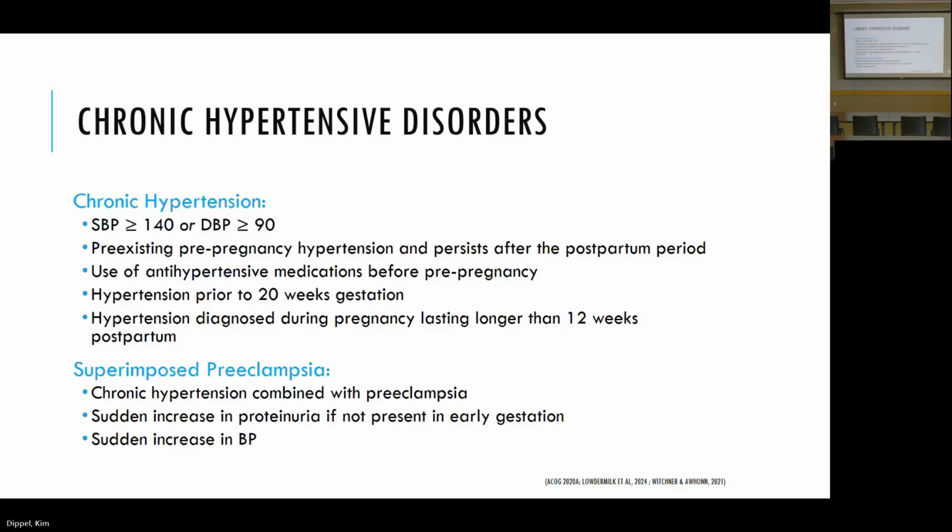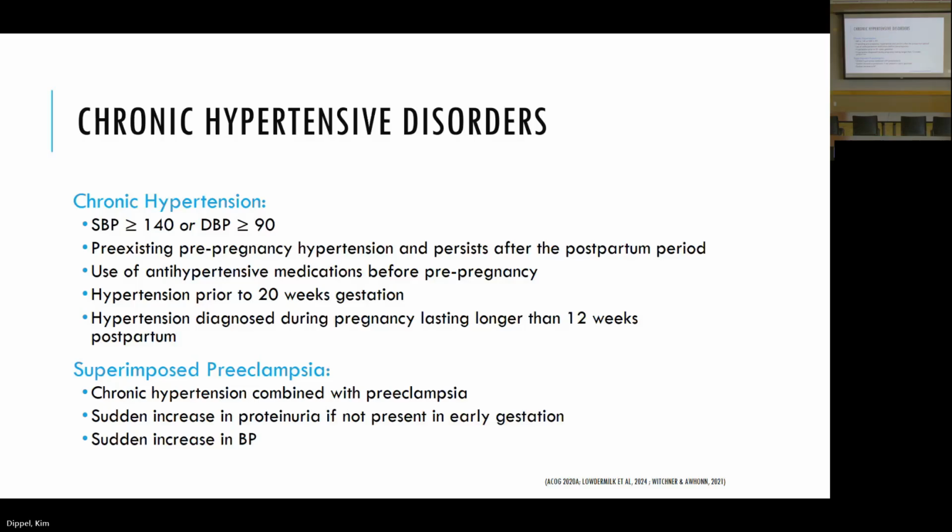Prior to 20 weeks gestation, hypertension is diagnosed during pregnancy, and it lasts past their 12-week postpartum visit. Now, I'm not going to go into this, but there is the CHAP trial that has really shed some light on how providers now treat women with chronic hypertensive disorders when they're pregnant. That may be something that you can ask your providers to pull up and look at, but we're not going to go into that right now.